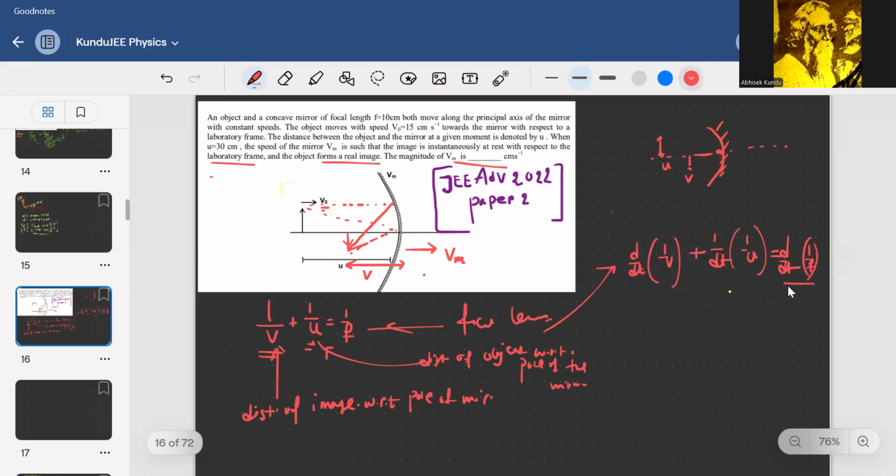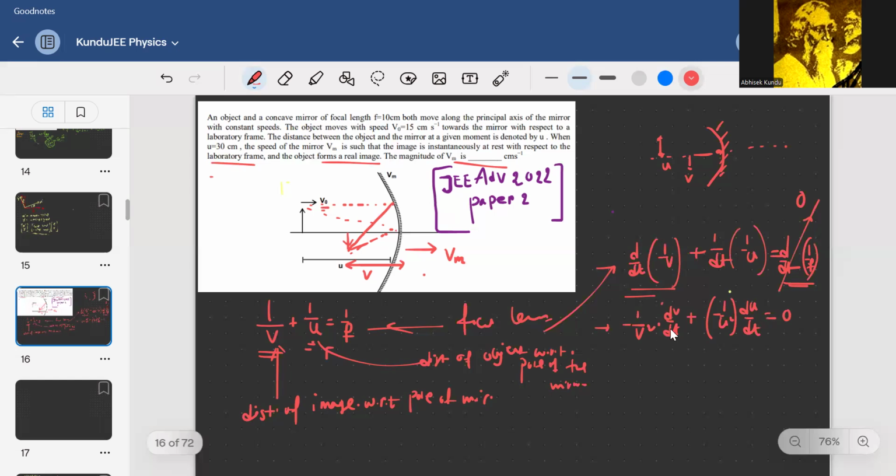Now, as focal length of a mirror is not changing with time, this term will be 0. Only term we are left with is the d/dt of 1 by v plus d/dt of 1 by u. If we differentiate, what we'll get? Minus 1 by v square dv/dt plus again minus of 1 by u square du/dt, that is equal to 0.